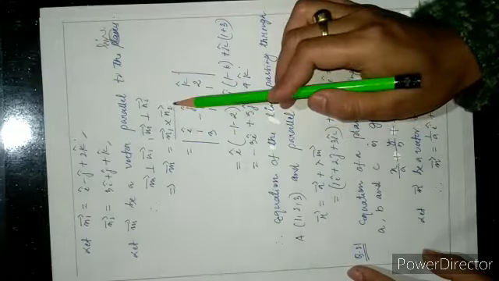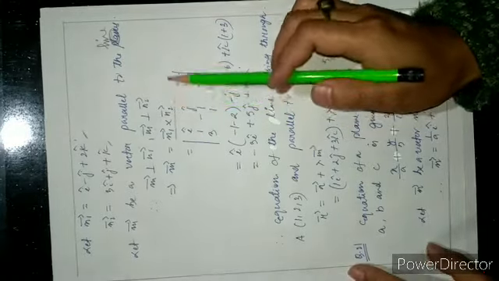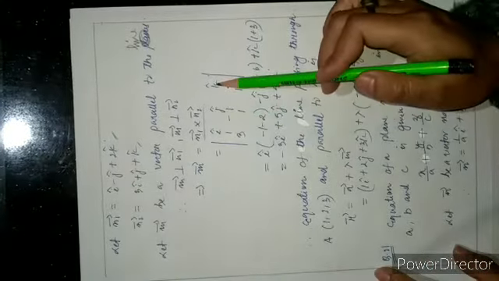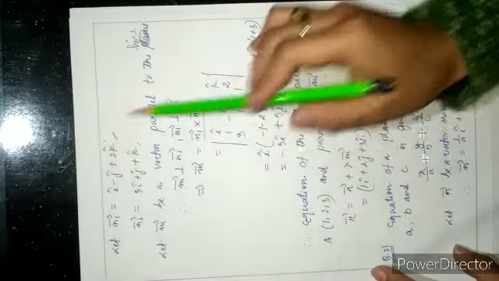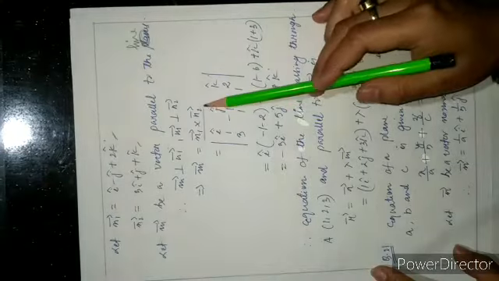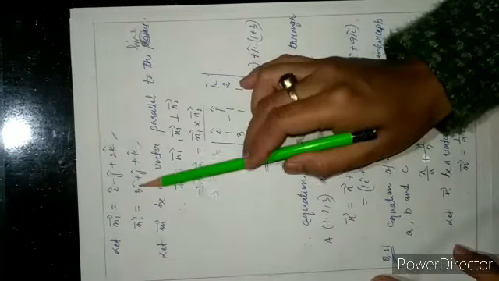Cross product of n1 and n2 is the determinant with I cap, j cap, k cap. Then write the components of n1: 1, minus 1, 2, then write the components of n2: 3, 1, 1.